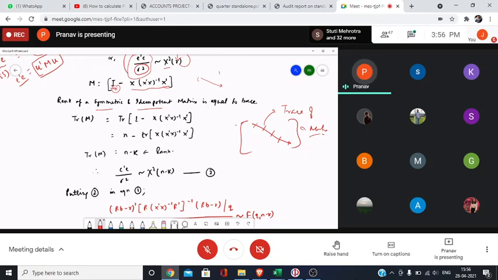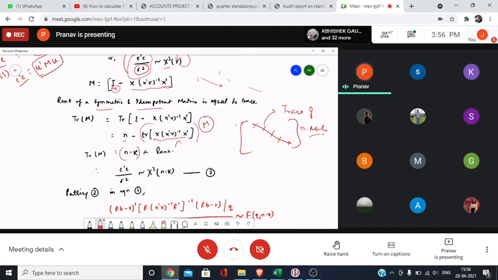Identity because 1 1 1 सारे diagonal element पे आप सबको sum करोगे, it will be N. For the time being, just understand that trace of this particular portion is K. So trace of M is N minus K, which is also rank of the matrix M.